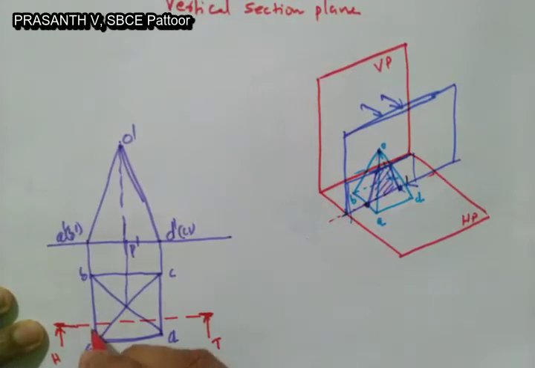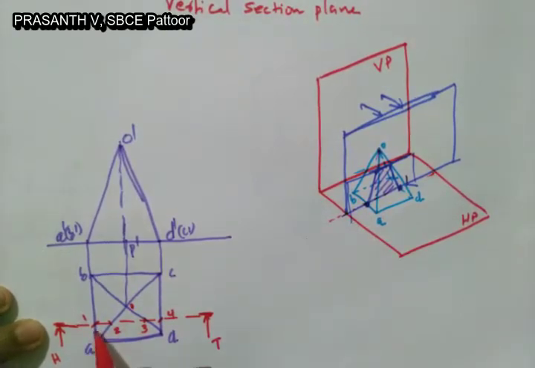Here the cutting points we mark 1, 2, 3, 4. All these are visible lines: AB is a visible line, AO is a visible line, the next visible line is DO, next is 4. So these are the 4 visible cutting points.